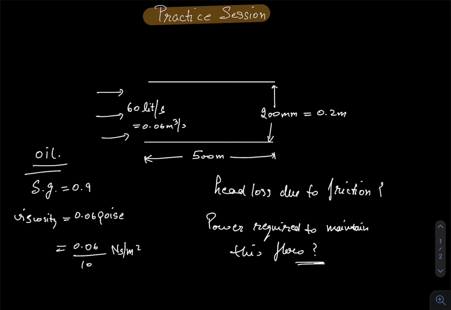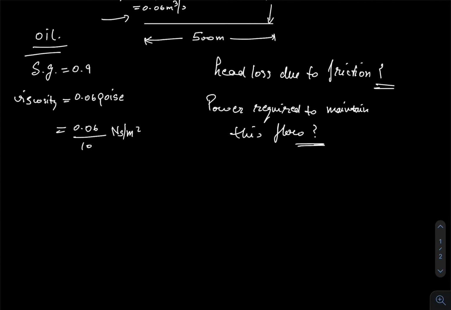These are the two values that we need to find. First one is head loss due to friction in this pipeline in which oil of specific gravity 0.9 is flowing, having a viscosity of 0.06 poise, and we need to calculate the power that is required to maintain this flow. So now let's proceed with the solution.